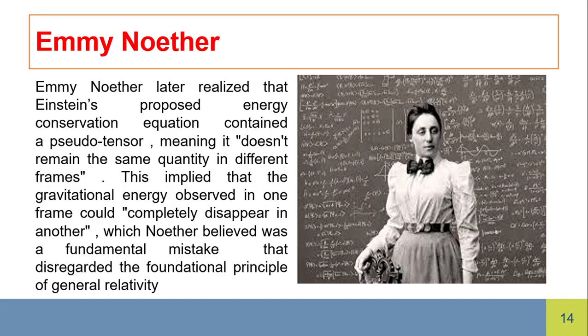Emmy Noether. Emmy Noether later realized that Einstein's proposed energy conservation equation contained a pseudotensor, meaning it does not remain the same quantity in different frames. This implied that the gravitational energy observed in one frame could completely disappear in another, which Noether believed was a fundamental mistake that disregarded the foundational principle of general relativity.